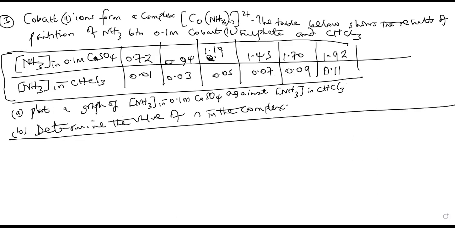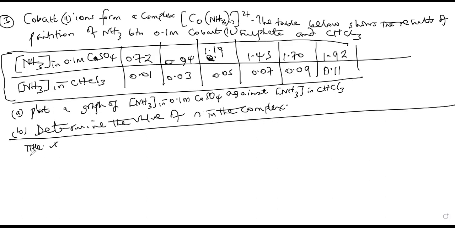Of course, one, the title of the graph: a graph of ammonia concentration in 0.1 molar cobalt 2 sulfate against concentration of ammonia in trichloromethane. You have to put a title. 2, you have to draw using the very best appropriate scale.